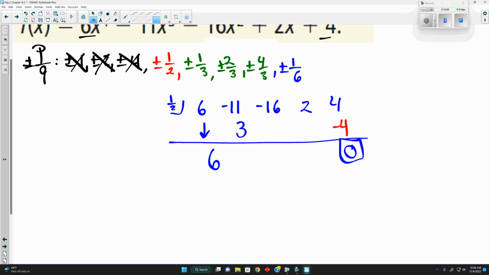Half of 6 is 3. And again, I'd be doing these in the calculator, just letting it do it for us. Negative 11 plus 3 is negative 8. That's again a nice number because half of negative 8 is 4, and it would be negative 4.